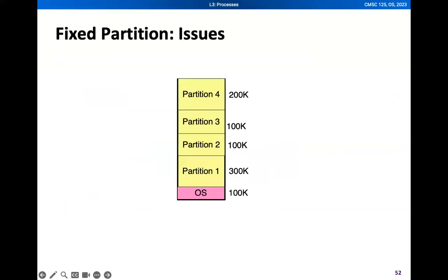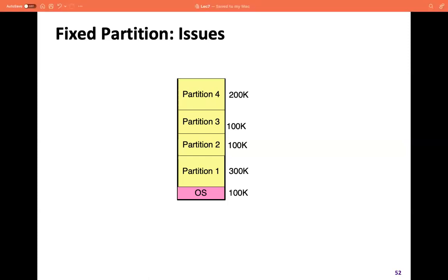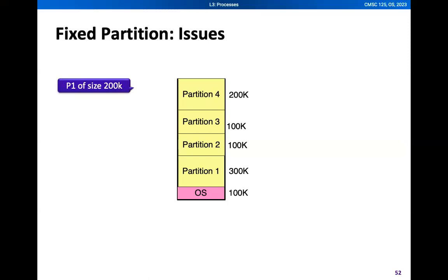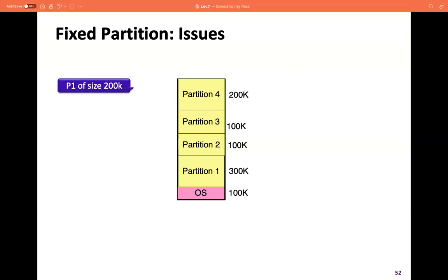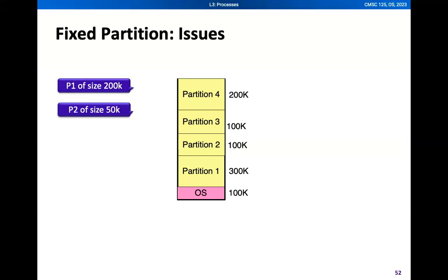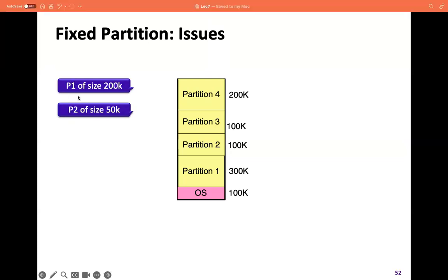Now, let us have some examples. Let's say we have P1 of size 200K, P2 of size 50K, P3 of size 20K and P4 of size 250K. P1 and P2 refer to process 1 and process 2.